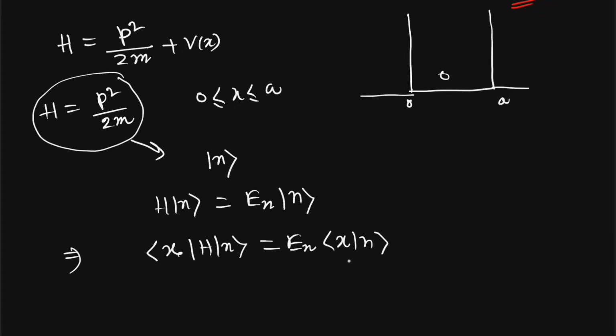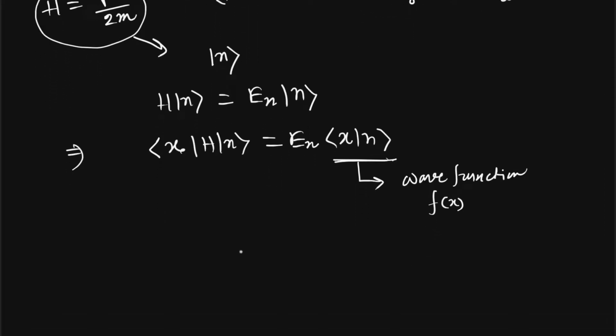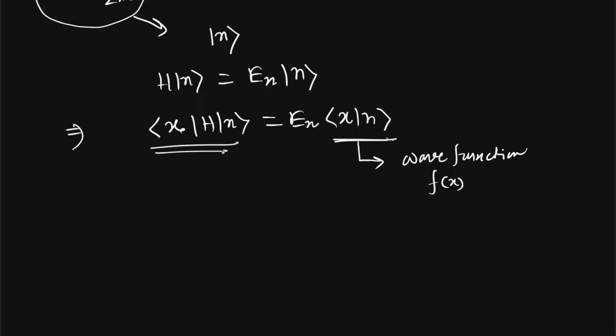As we know from our previous lecture, this is nothing but what is called the wave function of the state n. It is generally a function of x. So let us calculate this.